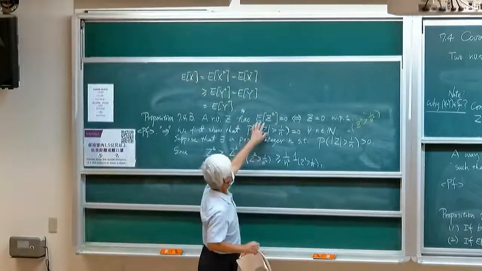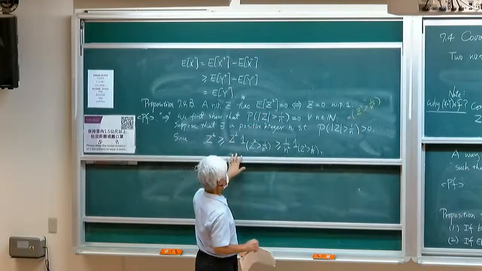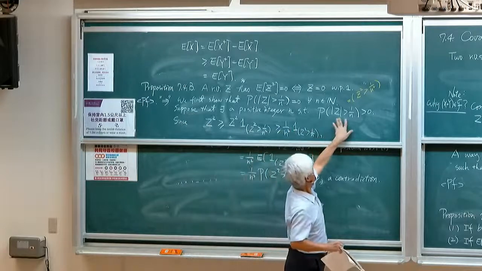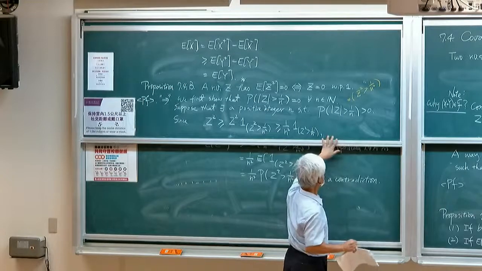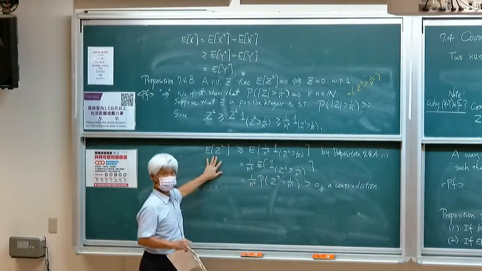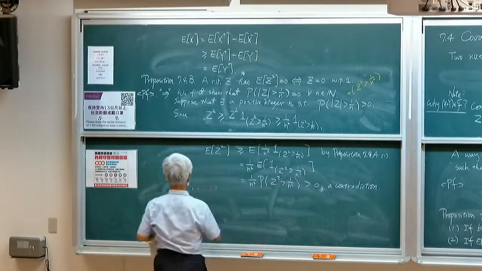To our assumption here, the second moment is 0. So when we suppose that this event has positive probability, then the second moment becomes positive, which is a contradiction. Okay.